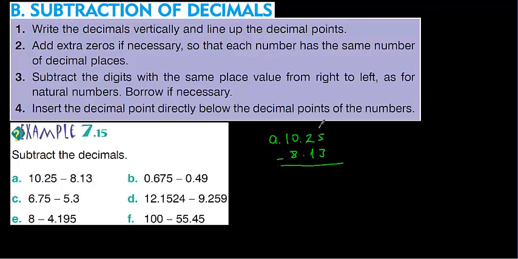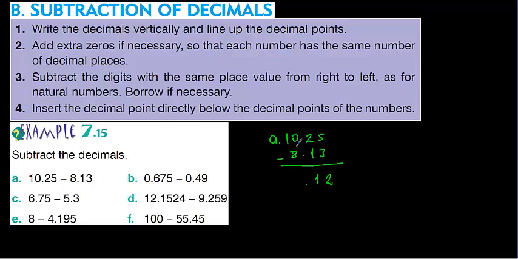When you start to subtract, if needed, you need to add zeros, but here there is no need because the number of decimal places is the same. So we are going to do a normal subtraction operation, and at the end we bring the decimal point down. 5 minus 3 is equal to 2. 2 minus 1 is equal to 1.